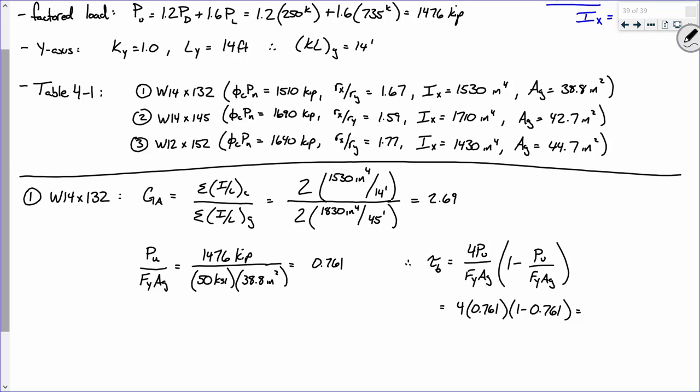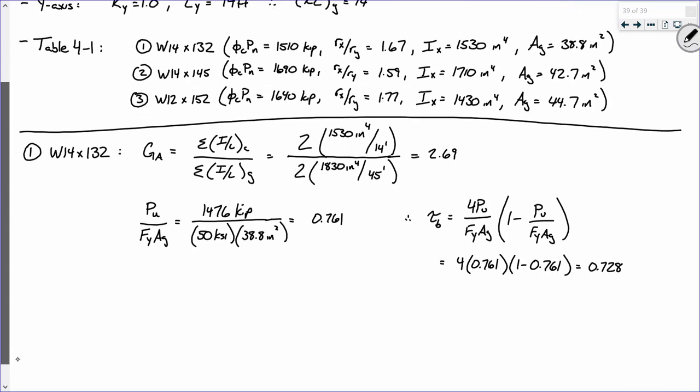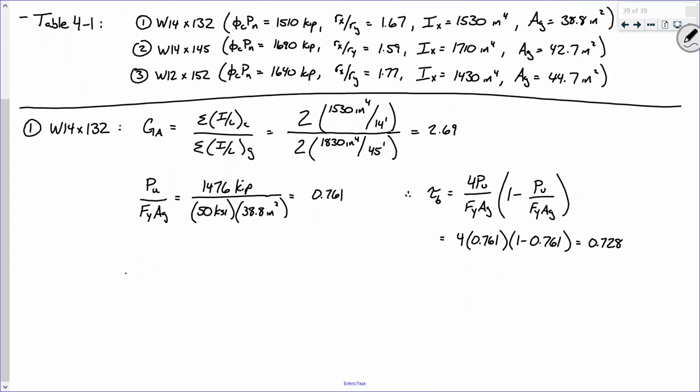Okay. Therefore, we'll adjust our bottom value, or our G value with tau, so 0.728 times 2.69. And what does that yield?